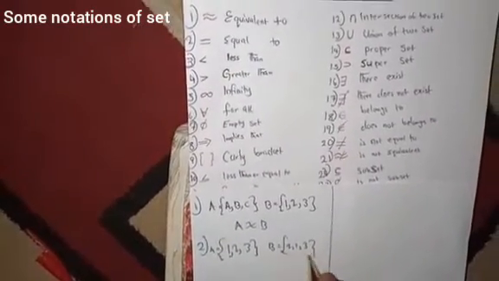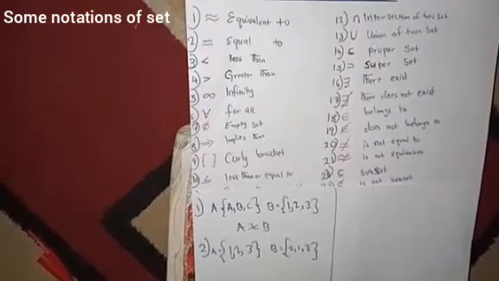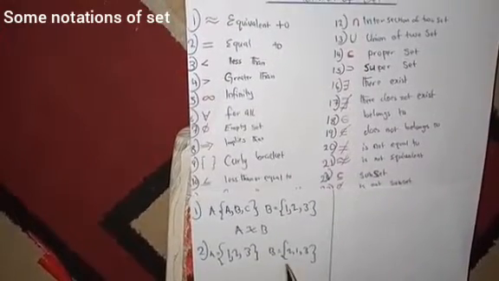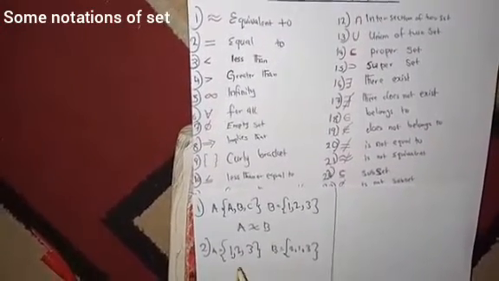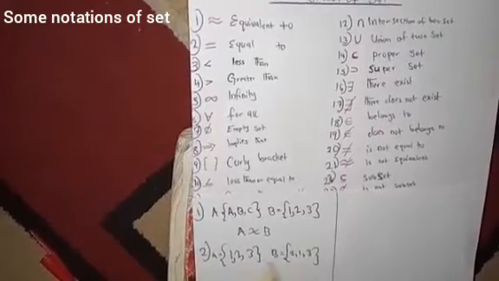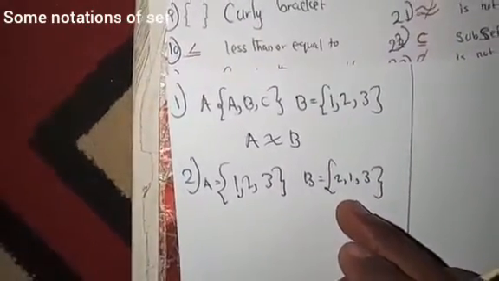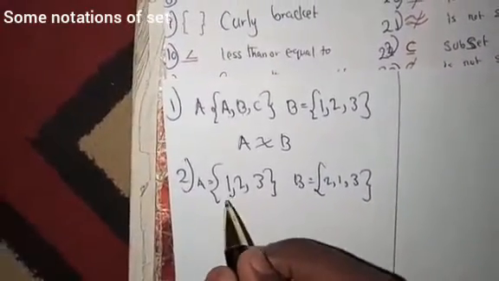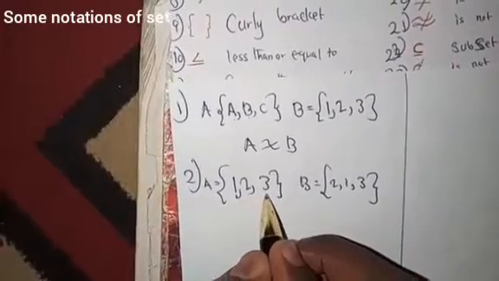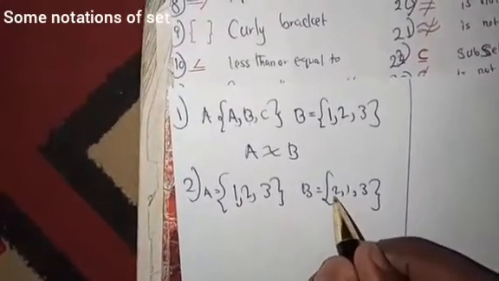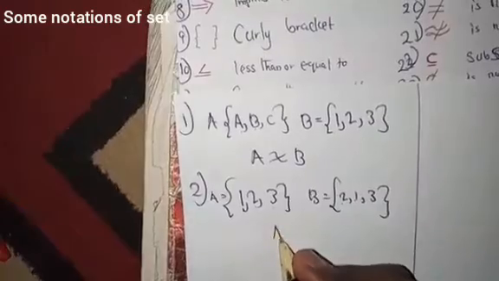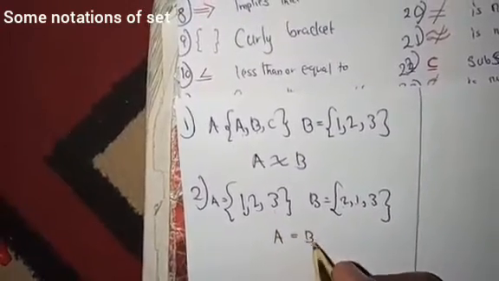The reason I changed the arrangement of the elements is to show you that the arrangement doesn't matter, but what matters is the type of the elements and the number of the elements in the two sets. So as you can see here, we have 1, 2, 3, and also here we have 1, 2, 3. Therefore A is equal to B.